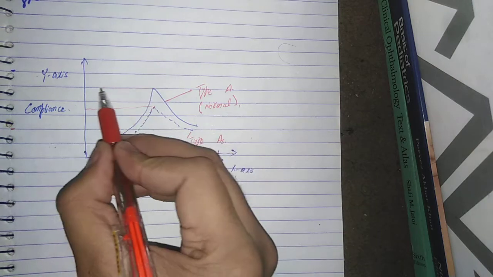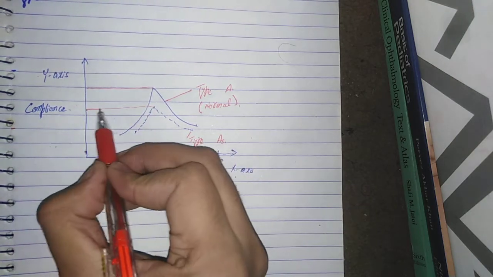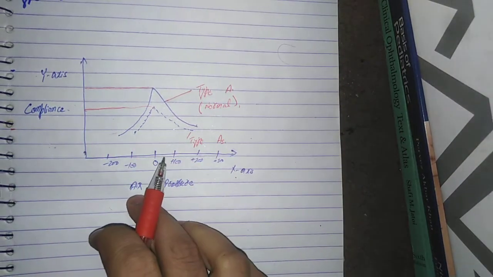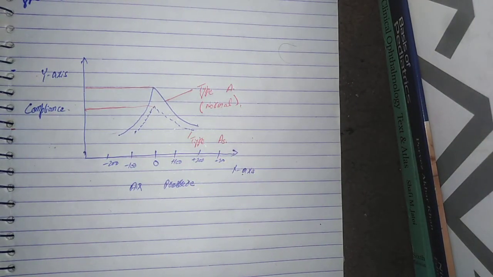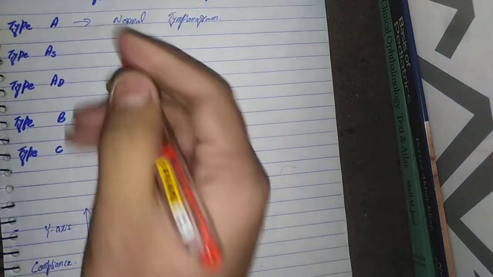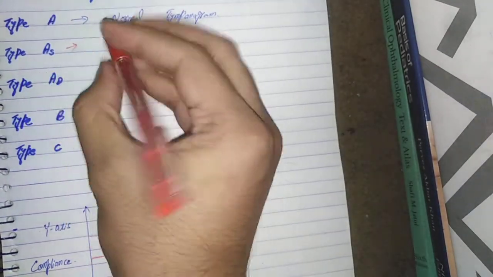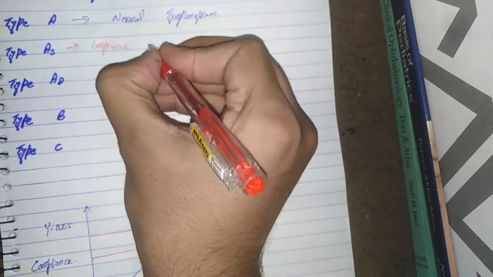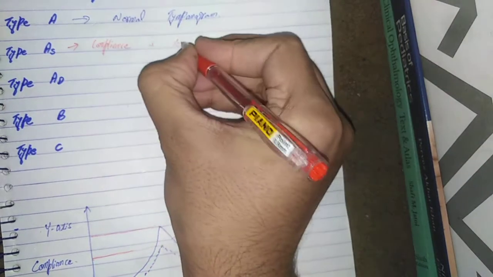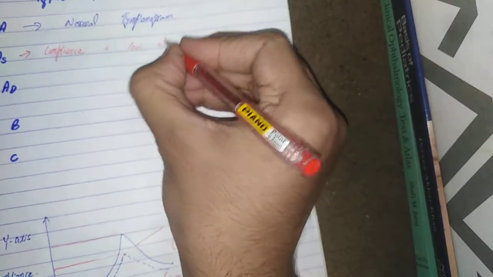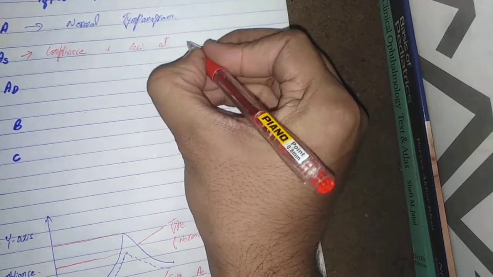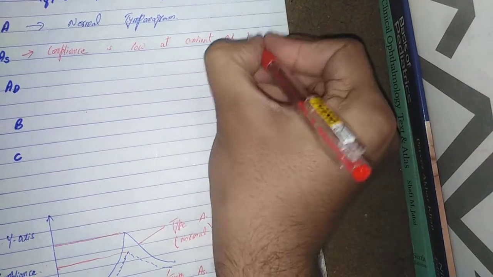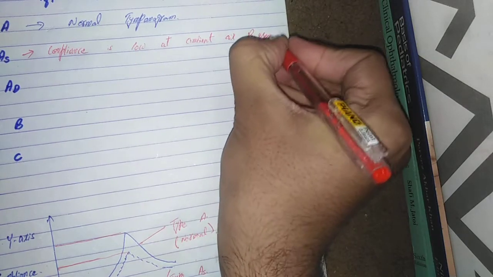Here you can see it clearly that in type AS, the compliance is low. Now we will see in type AS, compliance is low at ambient air pressure.